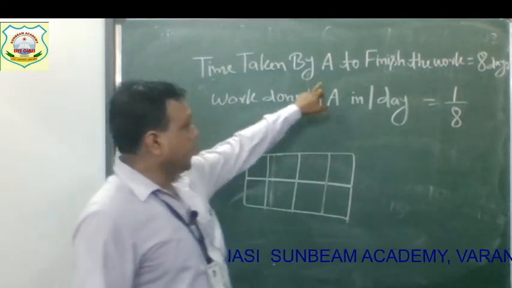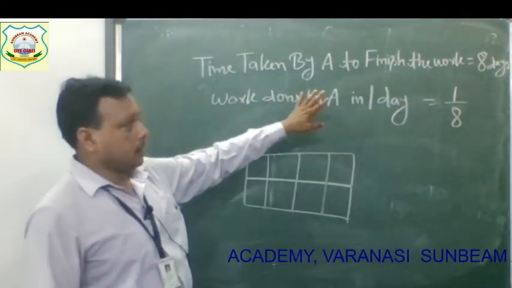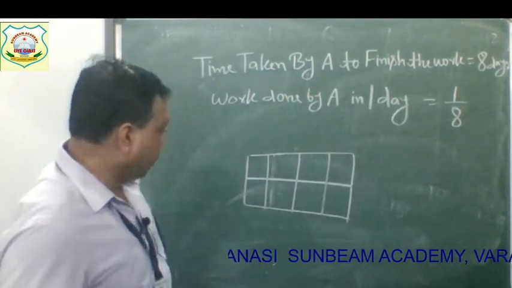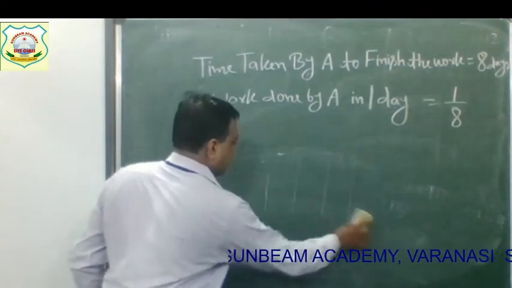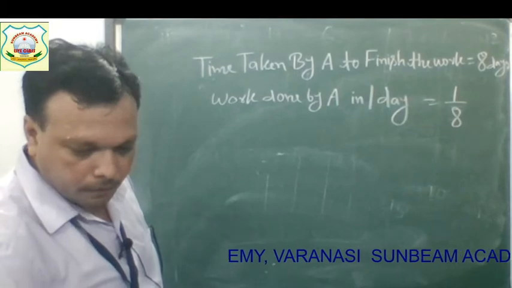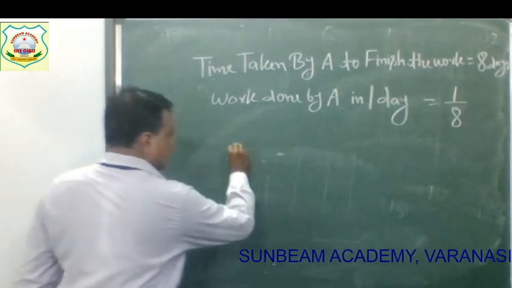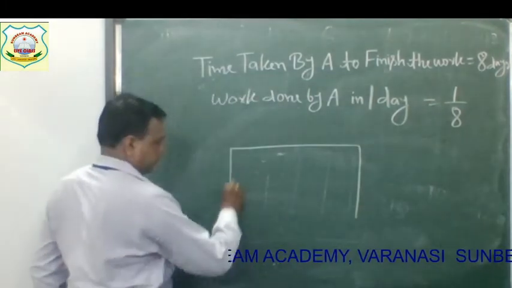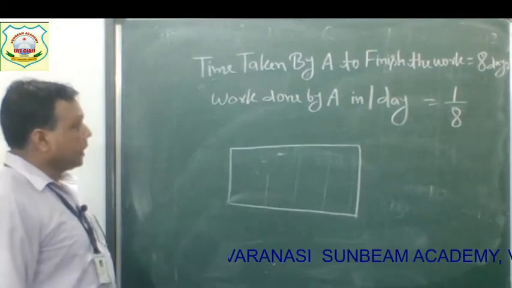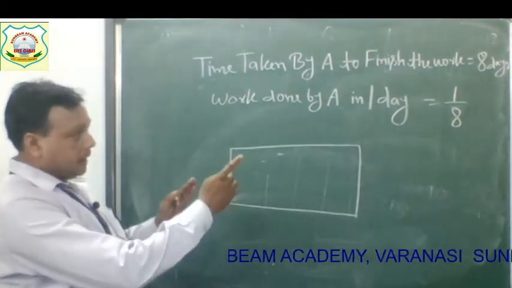Time taken by A to finish the work equals 8 days. Here we just assume that A has completed the whole work. Suppose this is a rectangular field. He has completed it in 8 days. Now if we talk about 1 day, we distribute the work according to the 8 days.